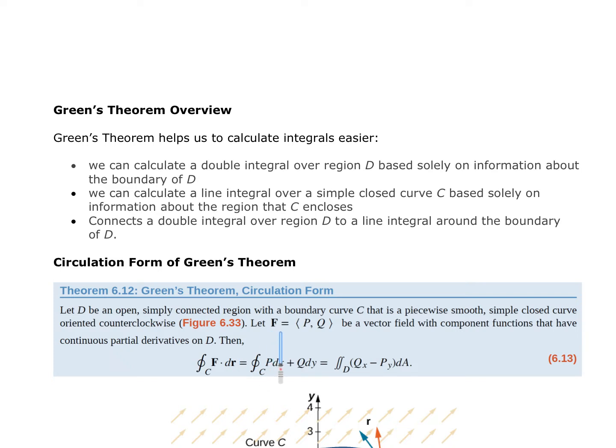Let F be the vector field described by P, Q, with component functions that have continuous partial derivatives on D. If this is all true, then the circulation over the curve C of F dotted with dr will be equal to the integral over C of P dx plus Q dy, which is equal to, and this is the nice part, the double integral over the region D of the partial derivative of Q with respect to x, minus the partial derivative of P with respect to y, dA.